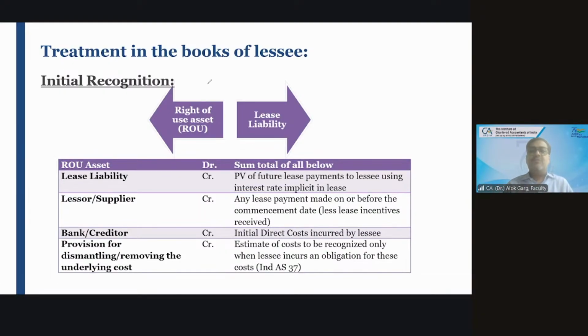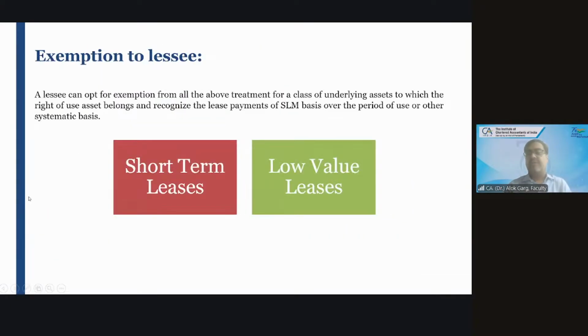So my right of use asset is equal to lease liability, meaning present value of future lease payments, plus any payment made on or before the commencement date, plus initial direct cost, plus provision for decommissioning, dismantling, or removing the asset. These are the 4 items which will be added to the right of use asset.